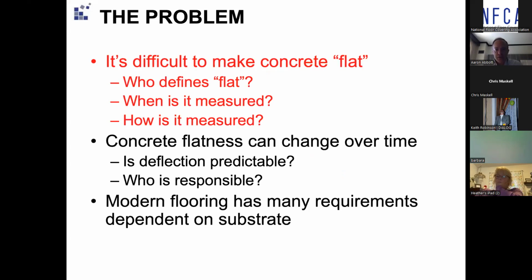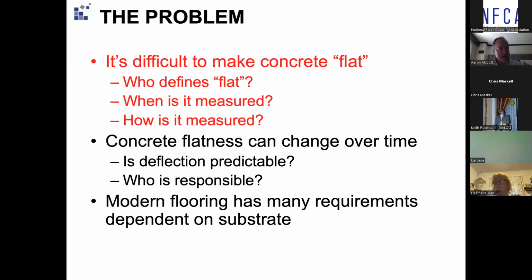So let's define the problem as the concept that it is difficult to make concrete flat. I put flat in quotes here because I really mean smooth enough, ready to install Division 9 finished floor goods.